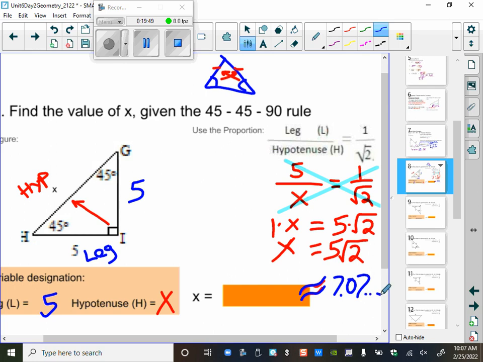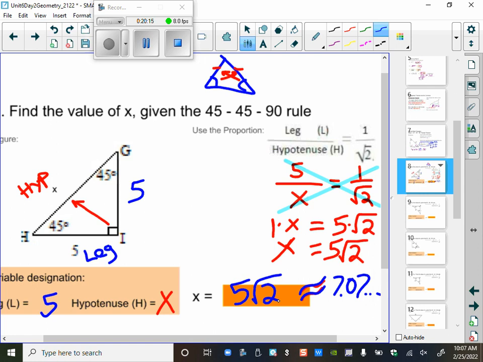And then the number goes on forever. But I'm going to leave you some space because here's what I'm going to allow you to do. With that 5 times square root of 2, I'm going to let you leave it as 5 times square root of 2.